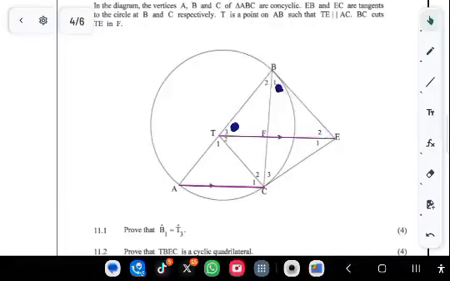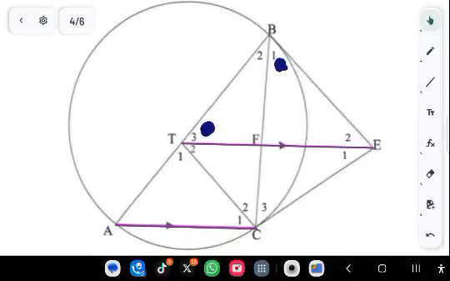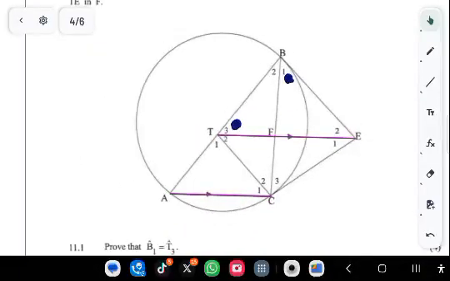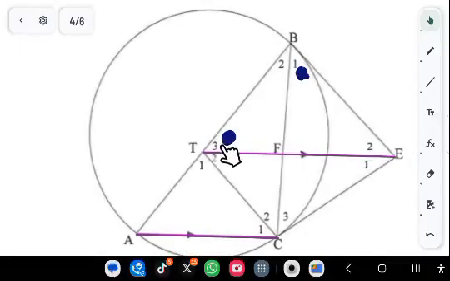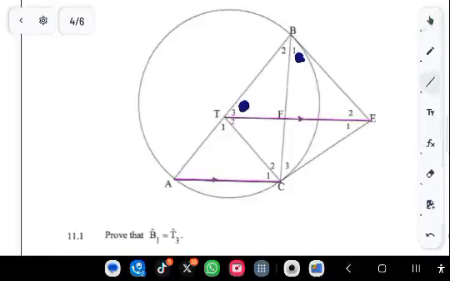Notice that BE is a tangent, so naturally let's use the tan-chord theorem and see if it will help us. According to the tan-chord theorem, B1 will be equal to A. Here is the tangent and there is the chord.